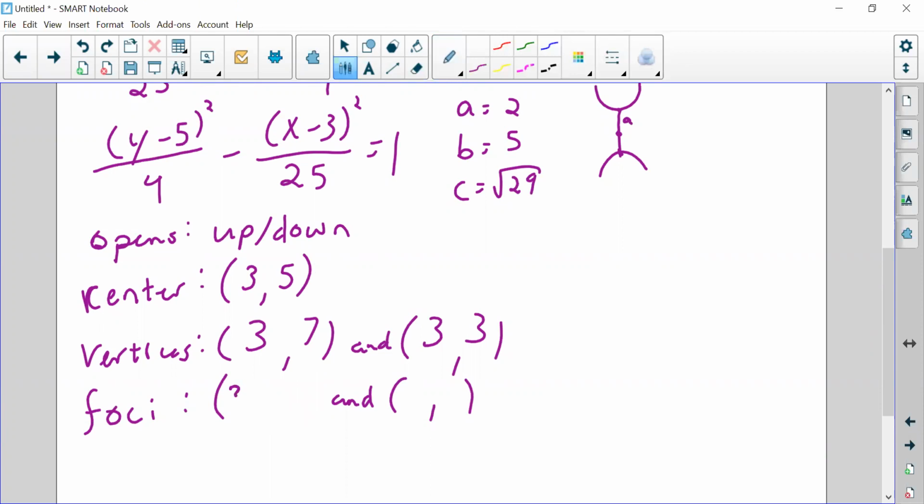Okay, so that's 3, and then that's 5 plus the square root of 29. We convert that into a decimal. And then what's this one? And convert that to a decimal. So that's going to be our foci. 3, and then 5 plus square root of 29, and 5 minus square root of 29. All right.